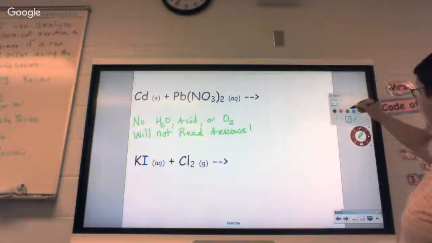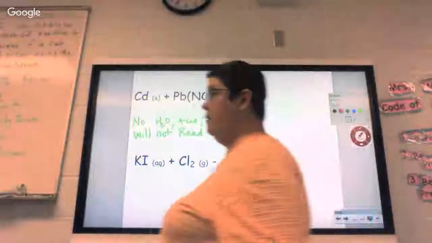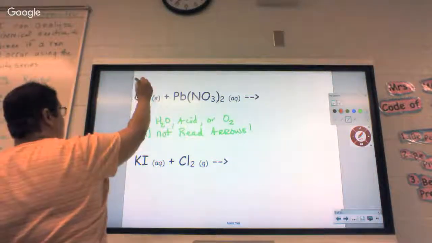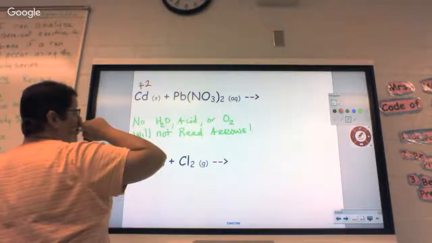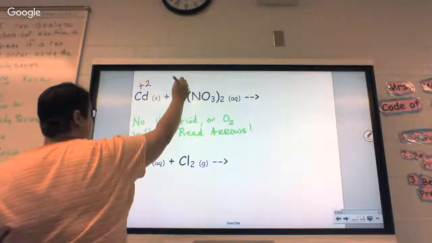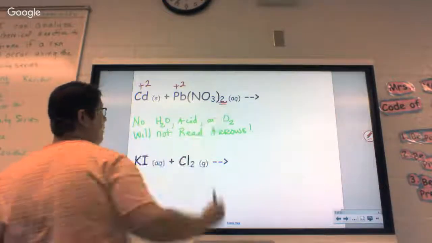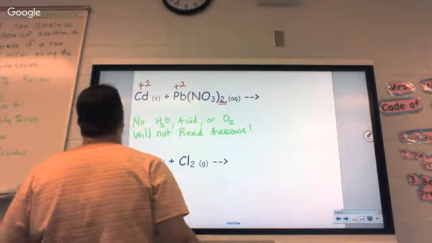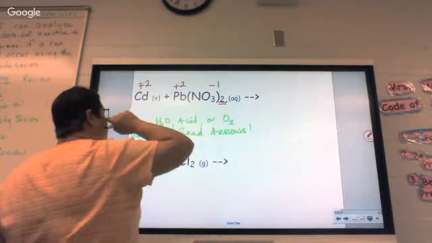All right, so let's look up Cd. Cd is cadmium. Is that one of the reference? +2. All right, lead has what oxidation number? That's multiple options. Okay, +2 because of that right there, right? Nitrate is -1.